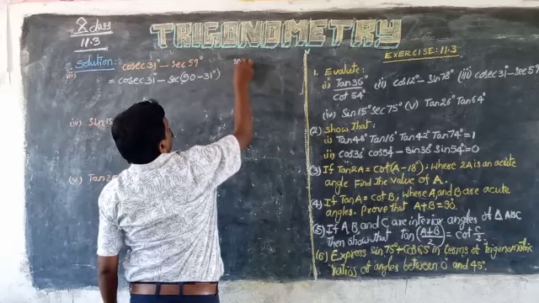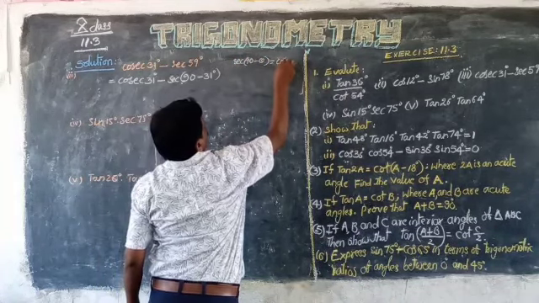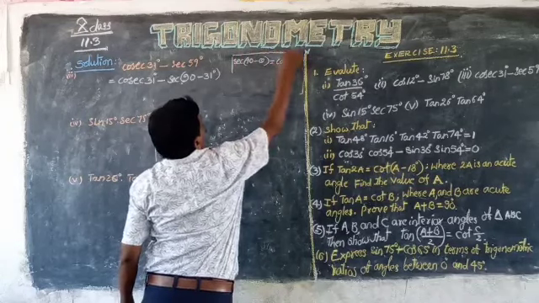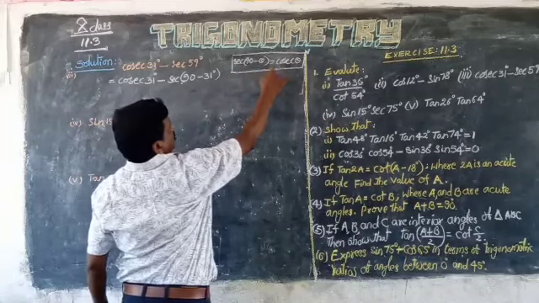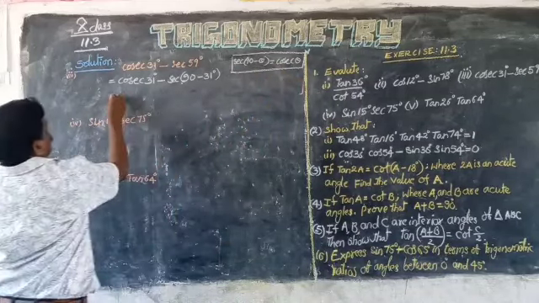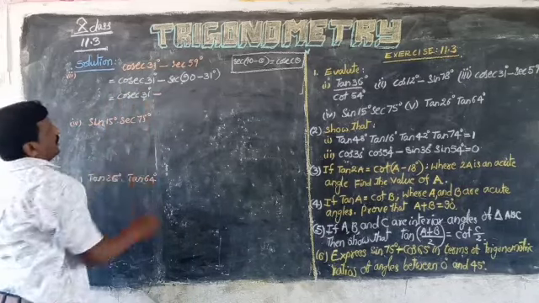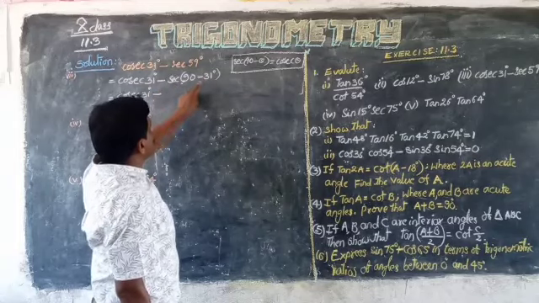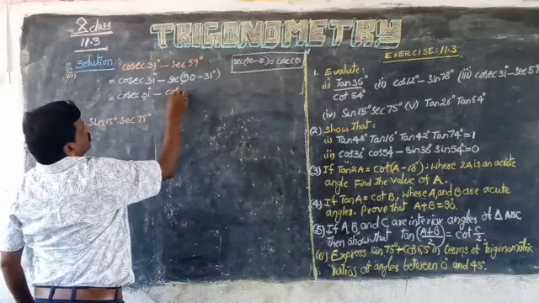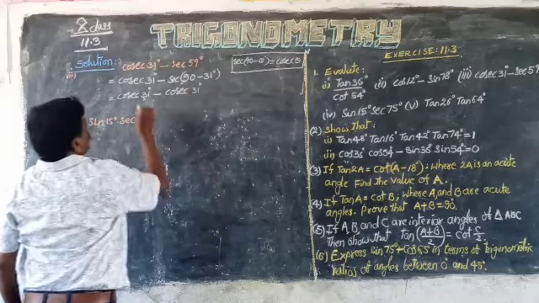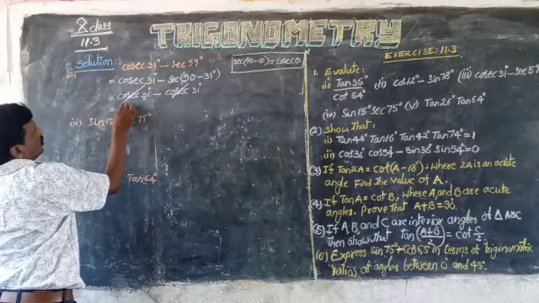Secant 90 minus theta is equal to cosecant theta, with theta being 31. So cosecant 31 degrees minus secant 90 minus 31, which is cosecant 31. So cosecant 31 minus cosecant 31 is equal to 0.